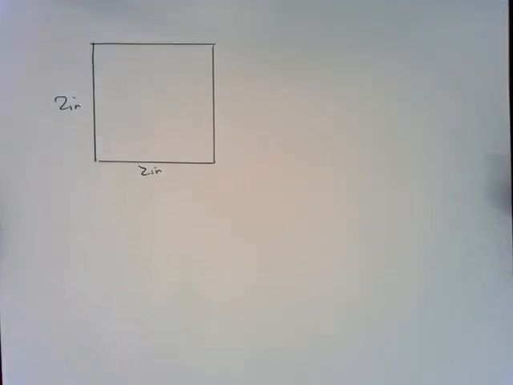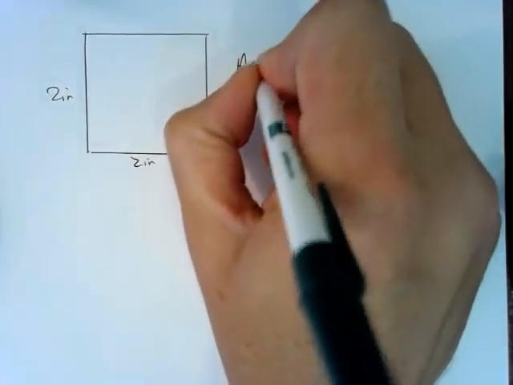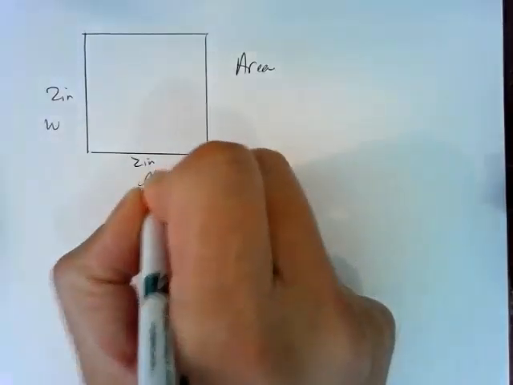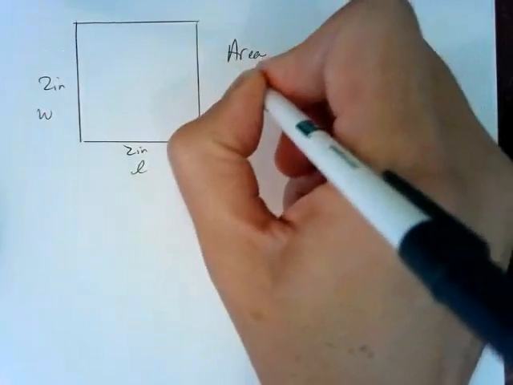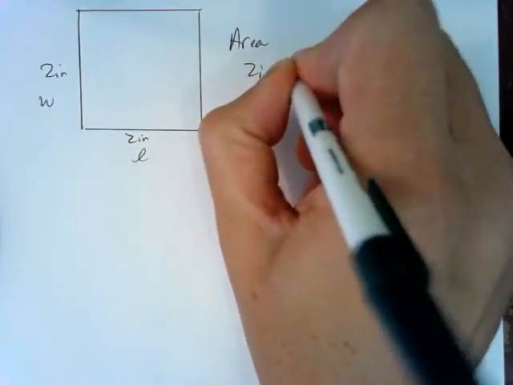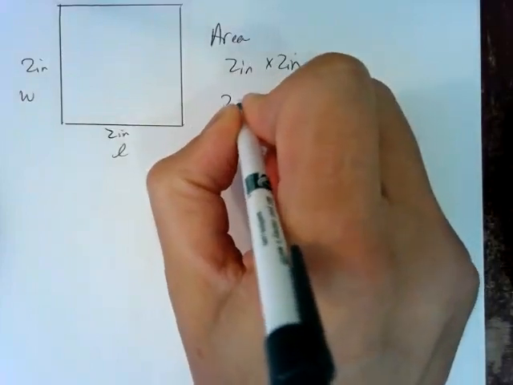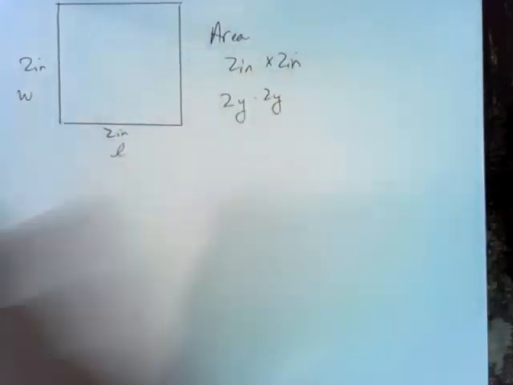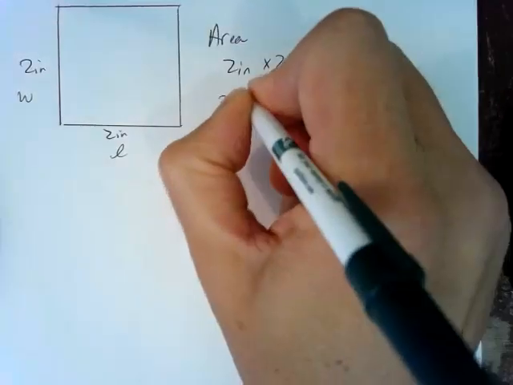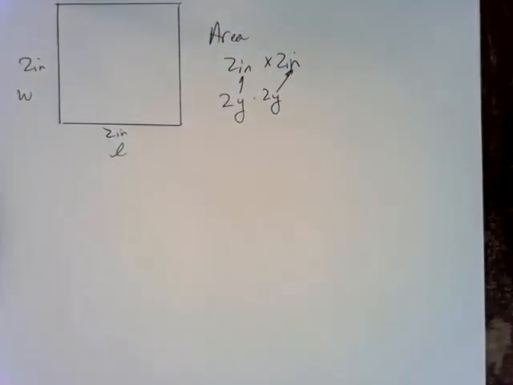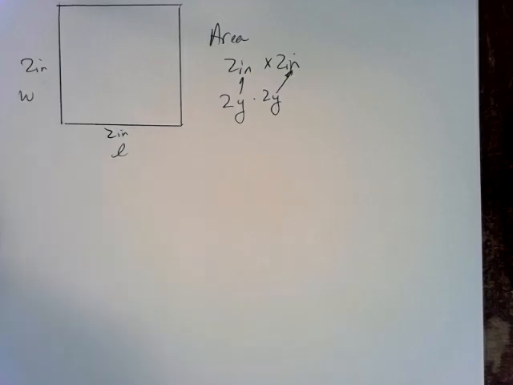And if I ask you what the area of this is, we know that area is width times length, or just the 2 sides. So we'd have 2 inches times 2 inches. This is very much like 2y times 2y. So again, we're going to treat the units like we treat variables or like we treat numbers.